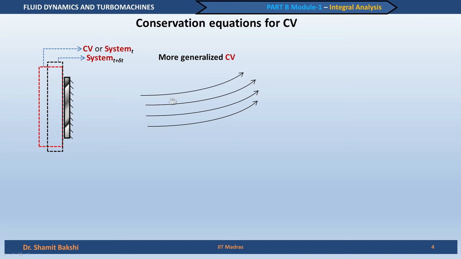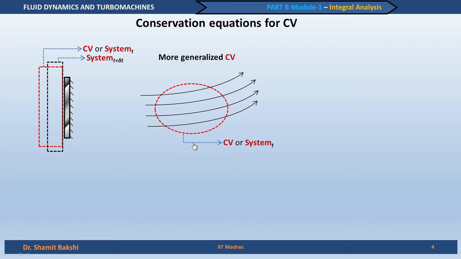So, let us consider an arbitrary flow, and we define a control volume within this flow. It is shown as an oval-shaped control volume, but it could be of any shape. This is the boundary of the control volume, or the control surface, at time t, which is again defined as the system at time t.